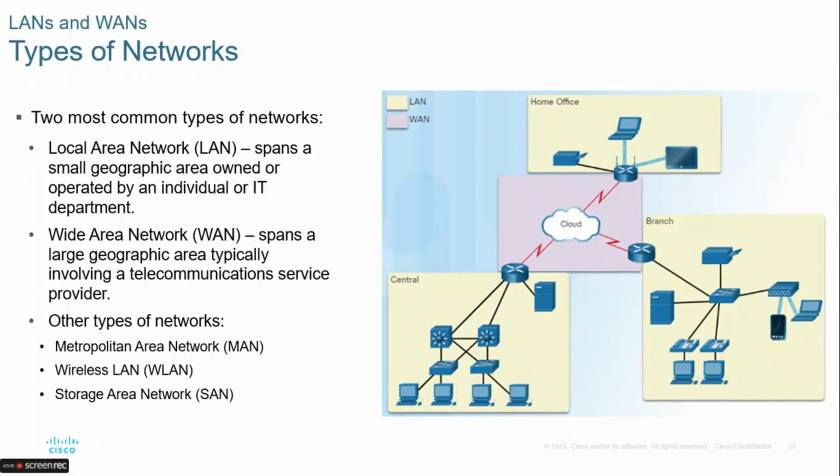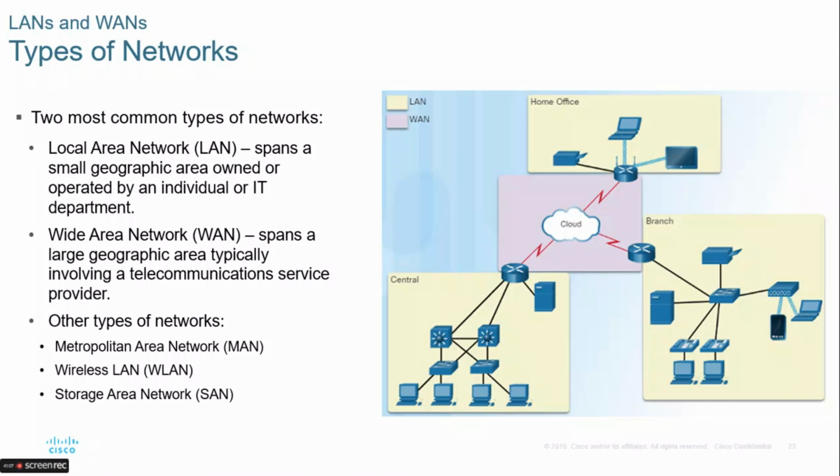So we've got types of networks. This one I had already talked about in the initial slide. So local area network, this is just your home or small area network that covers a limited geographical area. It can be within one room or a compound or just a small town.